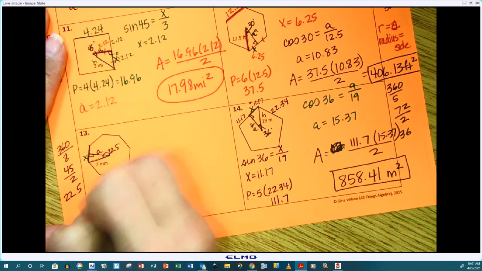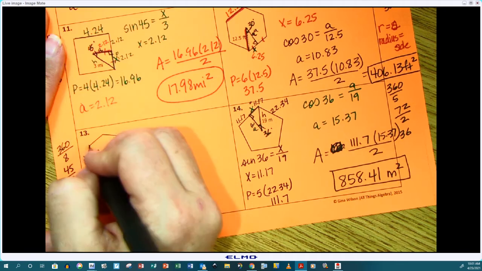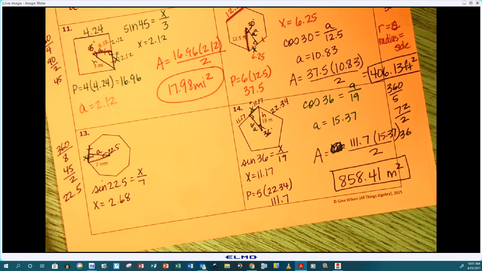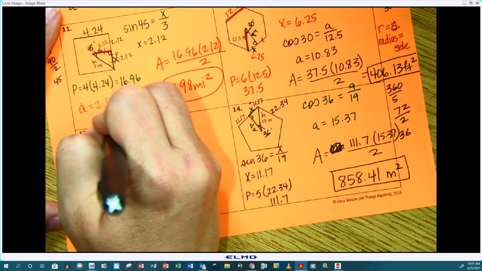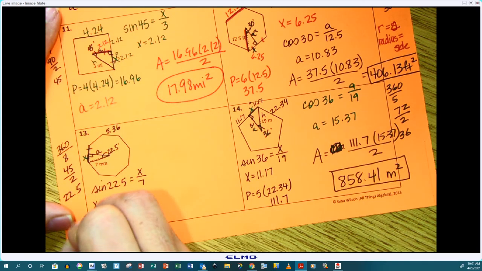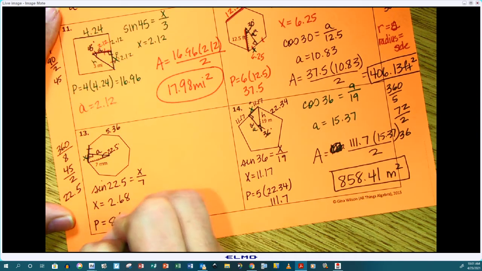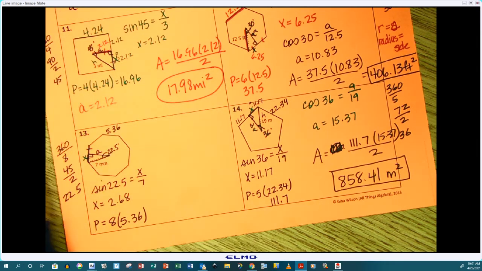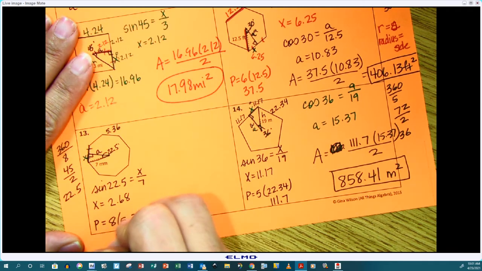So 2.68. So if this part's 2.68, that part's 2.68. So the whole side is 5.36. So my perimeter, there are 8 sides, and each side is 5.36, so my perimeter is 42.88.